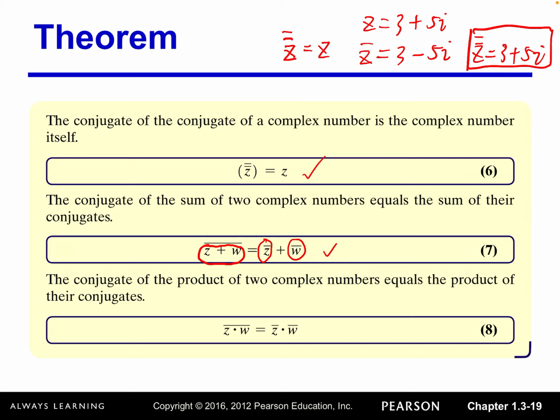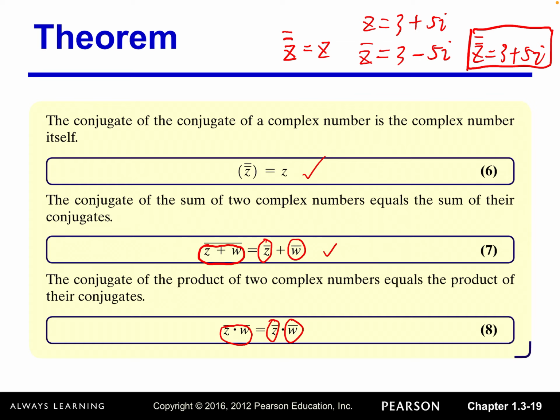And the last one, the product. The conjugate of the product of two complex numbers equals the product of their conjugates. Very similar to the summation. The product works the same way. You can multiply the two complex numbers first and then find the conjugate. It's the same as finding each complex number's conjugate first and then finding the product.